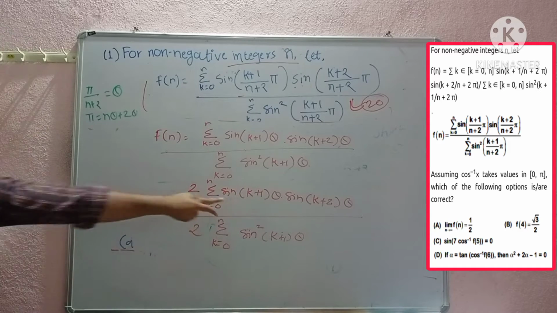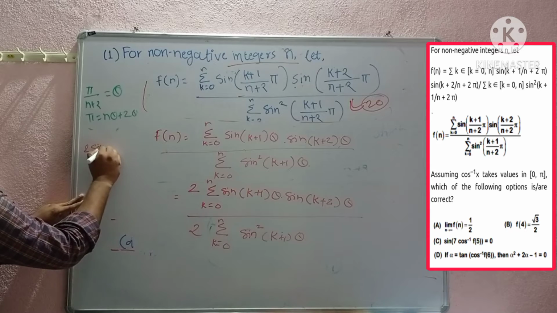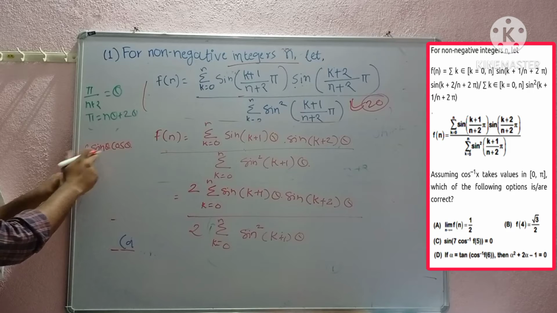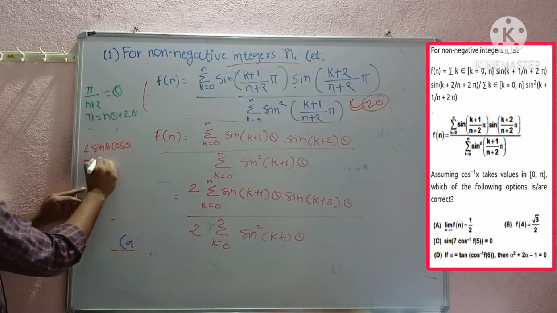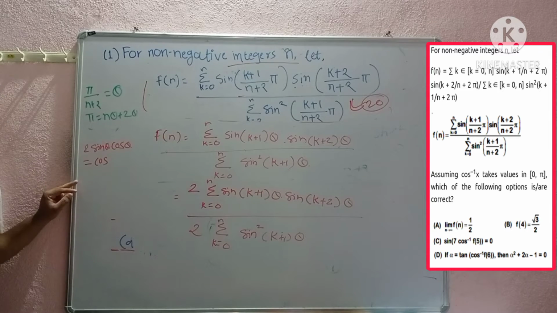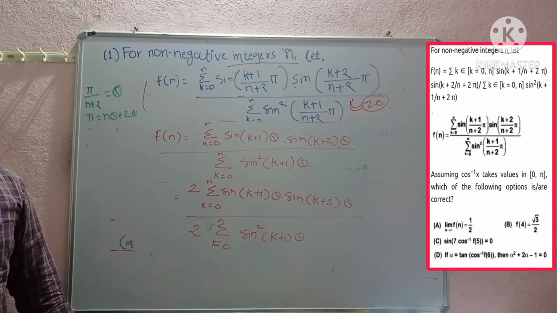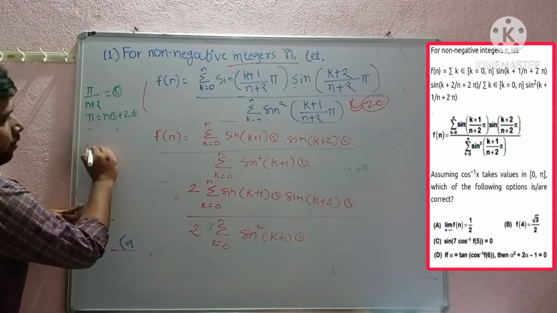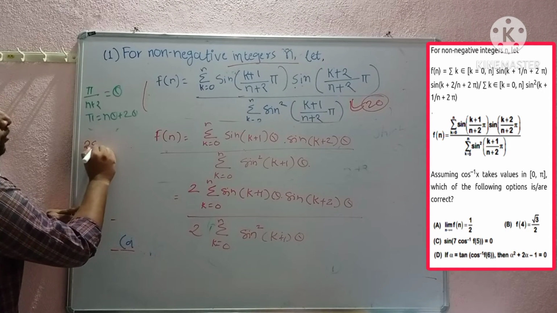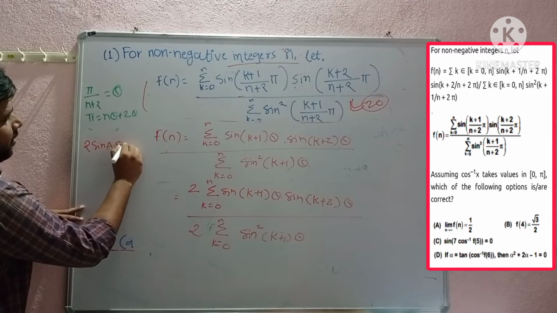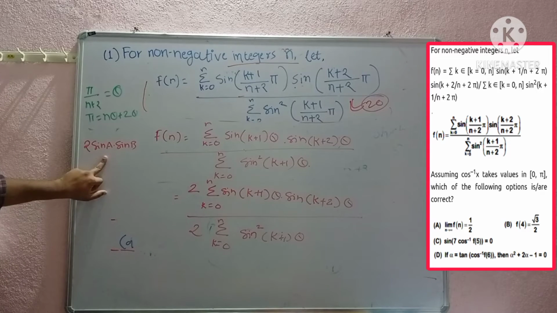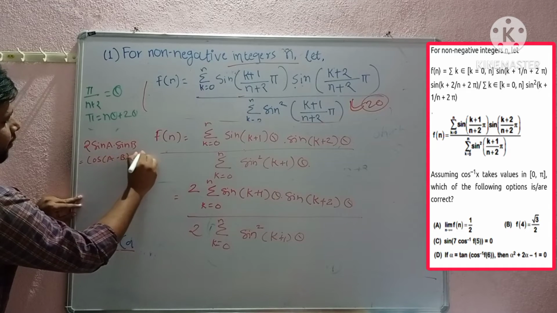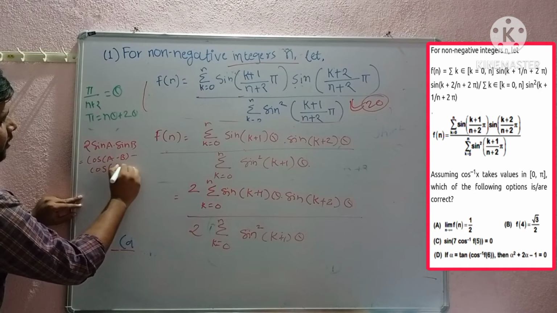It is the original form, that 2 sine A into sine B. Now observe this equation here. This is the form 2 sine A sine B. Now what is the solution for that? Cos (A minus B) minus cos (A plus B).